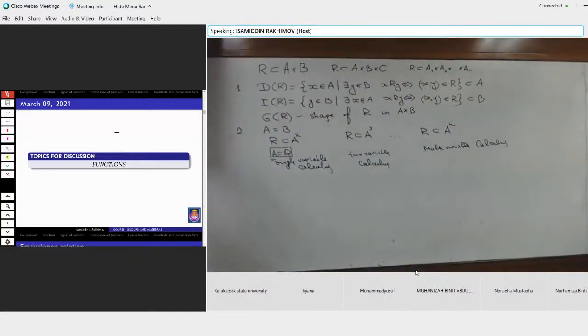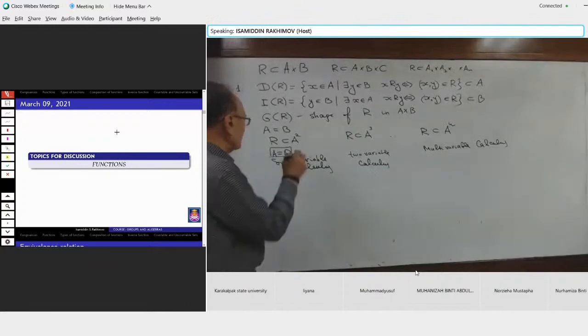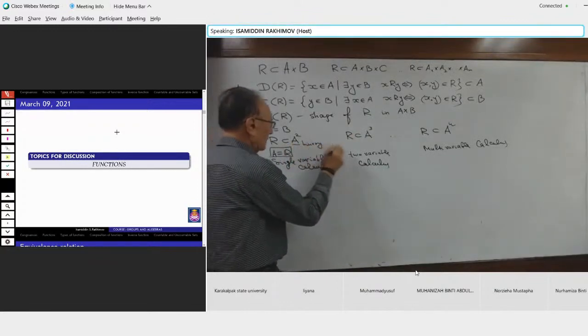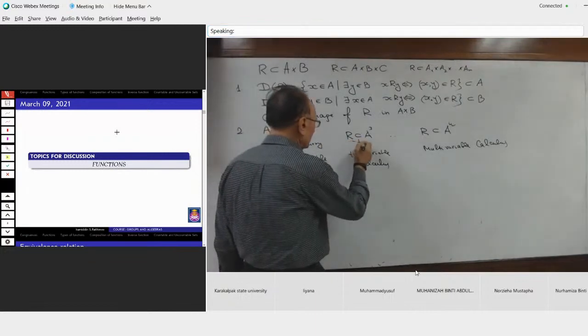Okay. Now, we identified three properties of this kind of relation. In this case, you have a binary relation. In this case, it's a ternary relation.